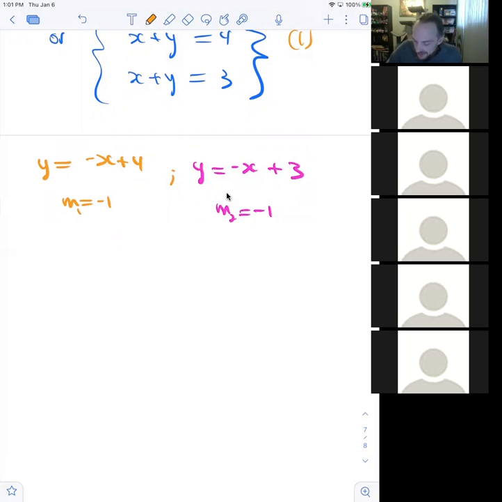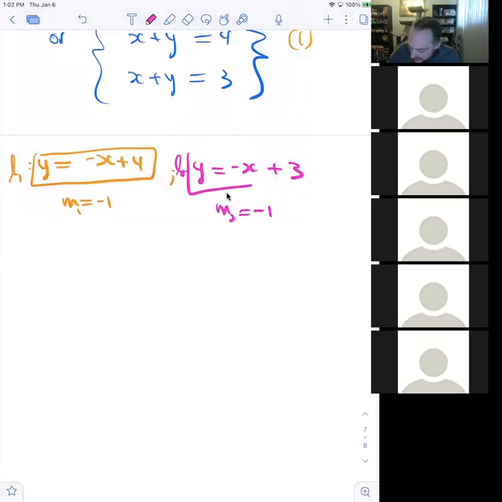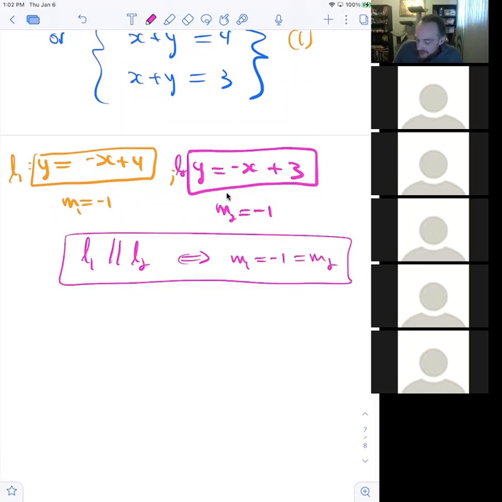That if this is L1 and this is L2, then L1 is parallel to L2 if and only if m1 is equal to -1 equals m2. So they're parallel. Therefore, there can be no point in the plane that's on both of these lines because they never intersect. This is the definition of parallel.